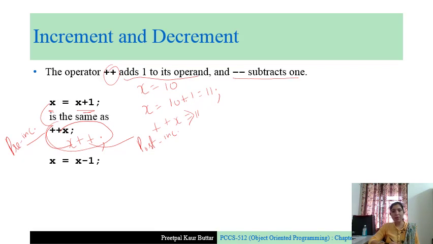Initially x is 11, then x equal to x minus 1 will make it 10. But instead of writing this expression, you can also write x minus minus or minus minus x. This is post-decrement and this is pre-decrement.